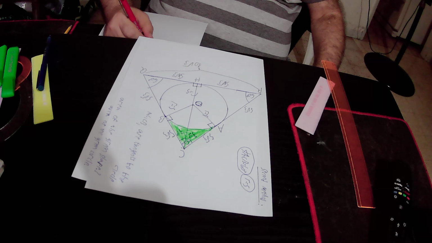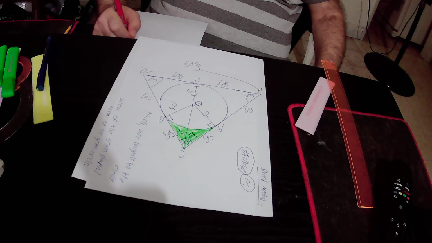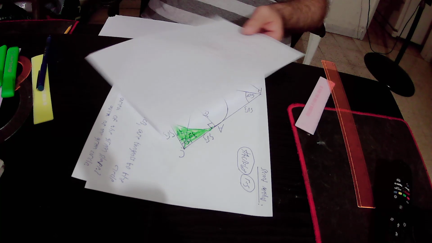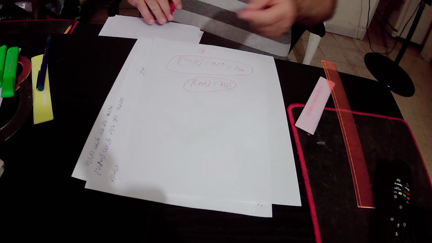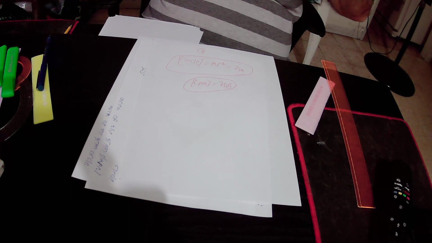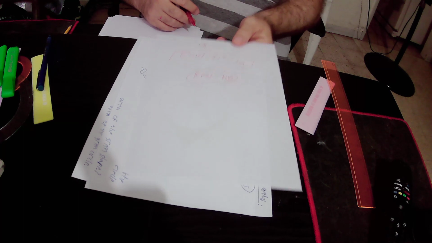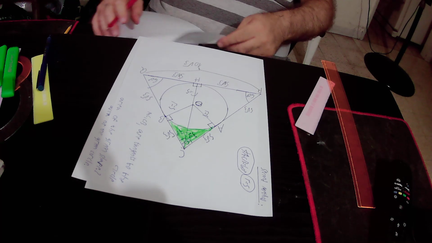And we have already found out that the area of triangle CPQ equals 75 times root 3 square units, and the area of the circle equals 25 pi square units.